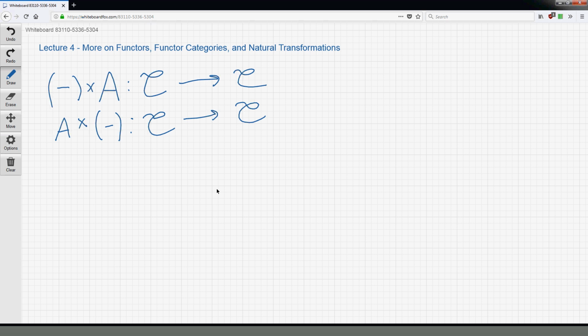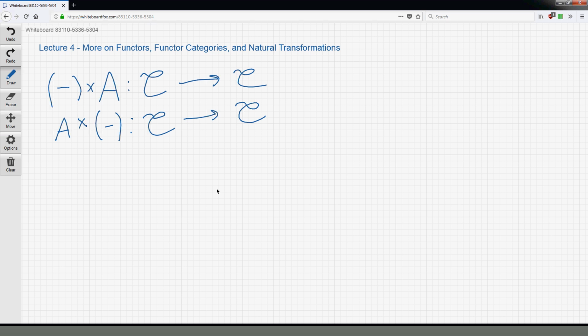But unfortunately, using just endofunctors, we can't actually map to any arbitrary product. We have to have it fixed like that, right? And the reason for that is you would actually have to have a functor with two arguments. So it takes two objects and maps them to the product, and it takes two morphisms and maps them to the product morphism.